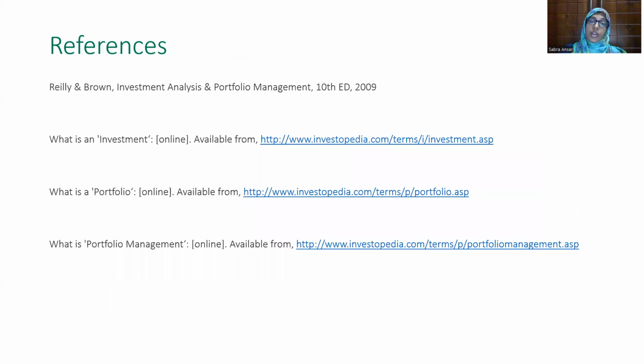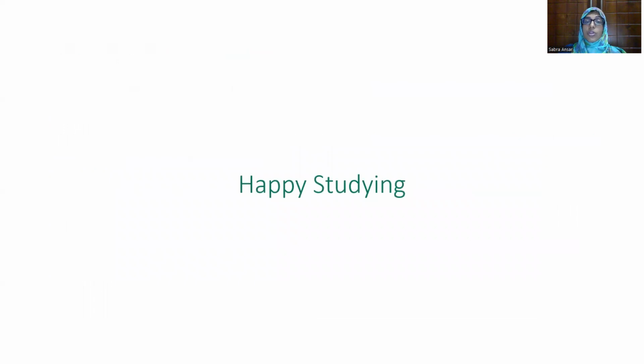So today we have come to the end of this particular lesson, and we'll be starting off a new section of investment analysis, and I hope all of you got a better understanding of this module.